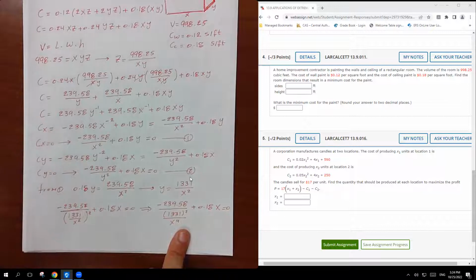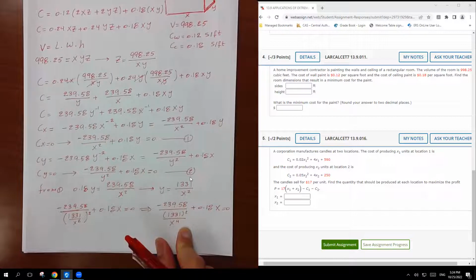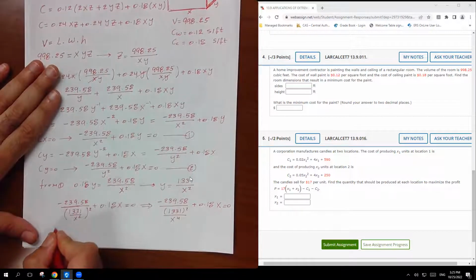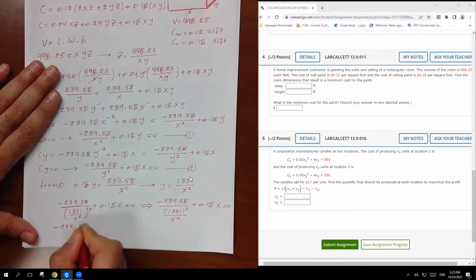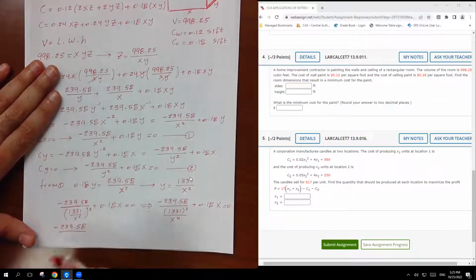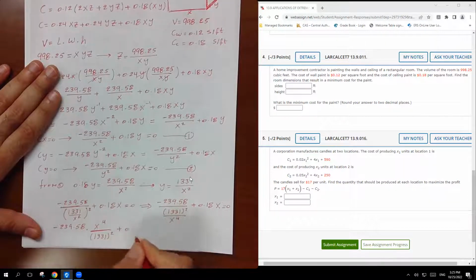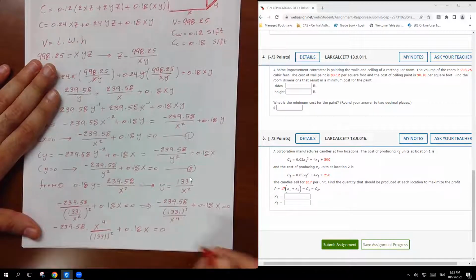So the result is going to be x to the power 4 over this big number times negative 239.58 over 1 times x to the power 4 over 1331 squared, plus 0.18 x equals 0.